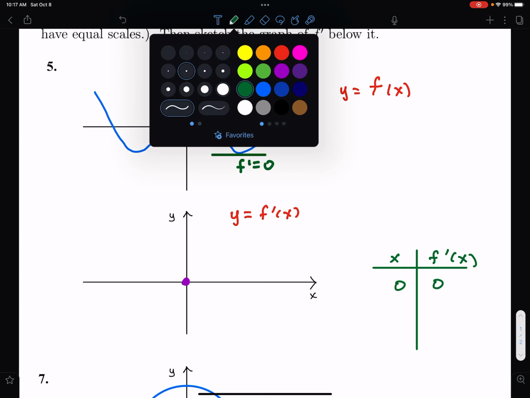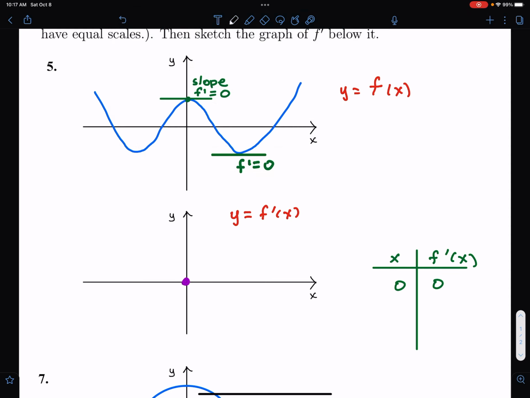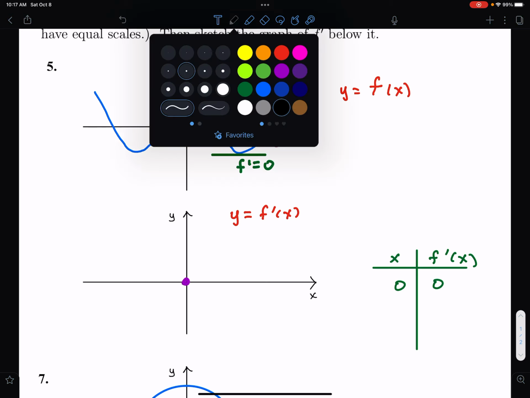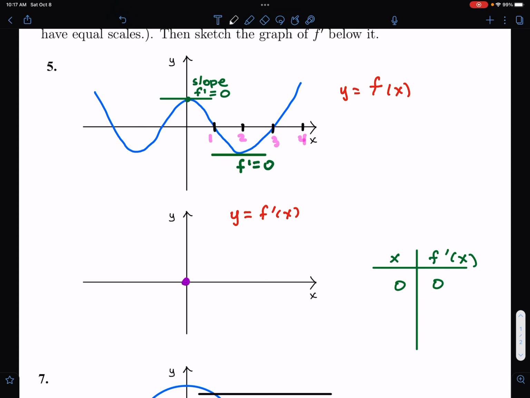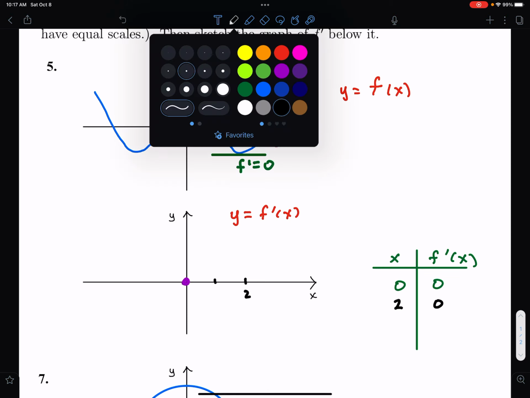Now, this graph doesn't have any markings for the values of x and y, so I'm just going to throw those in there, so I can fill out this table. That's not the original problem, but I did that anyway. So, according to what I see here, roughly speaking, when x is 2, f prime is 0. So I'm going to go right below it and mark that: this is 2, and right there f prime is 0.